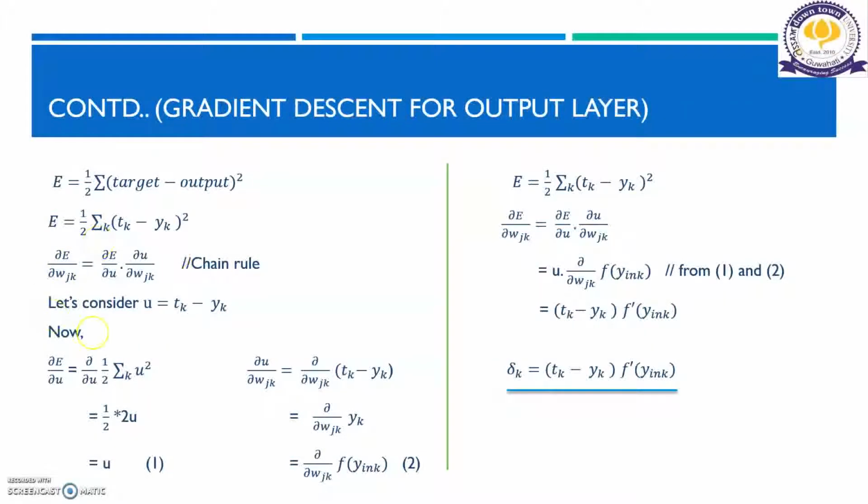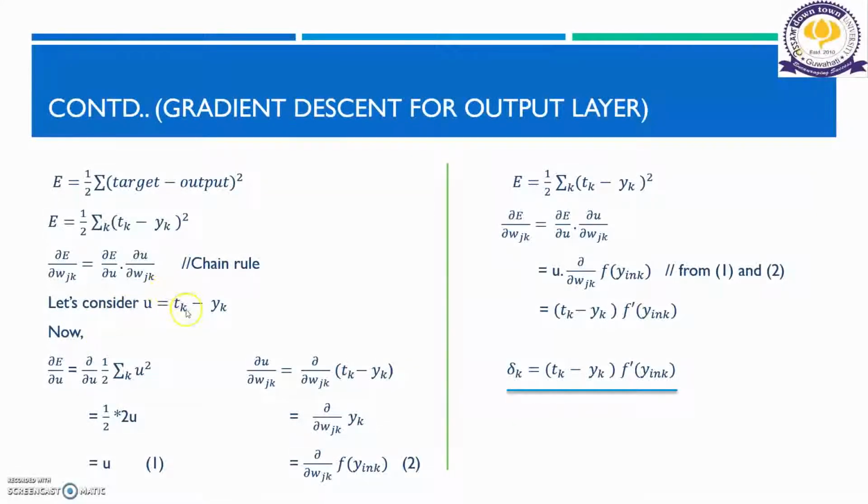We can modify this term this way using the chain rule. If you remember the calculus, mainly differentiation, from your school or college days, after breaking this term using the chain rule, we can consider u as tk minus yk.